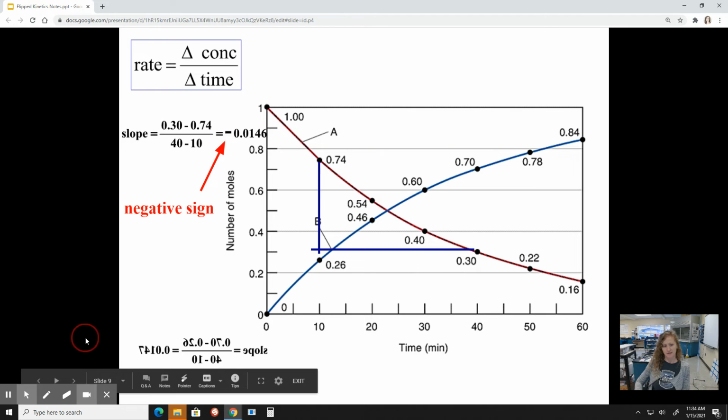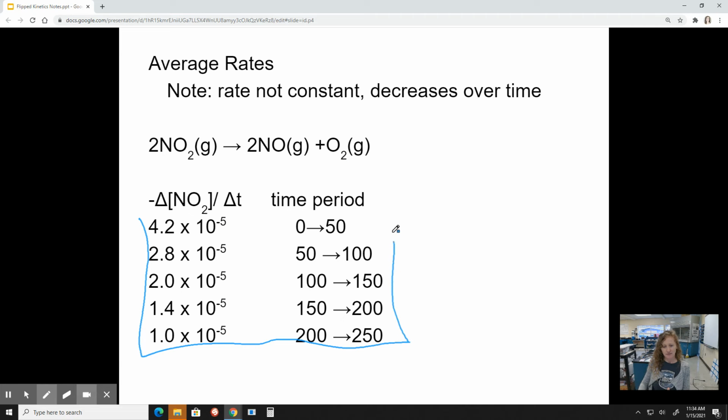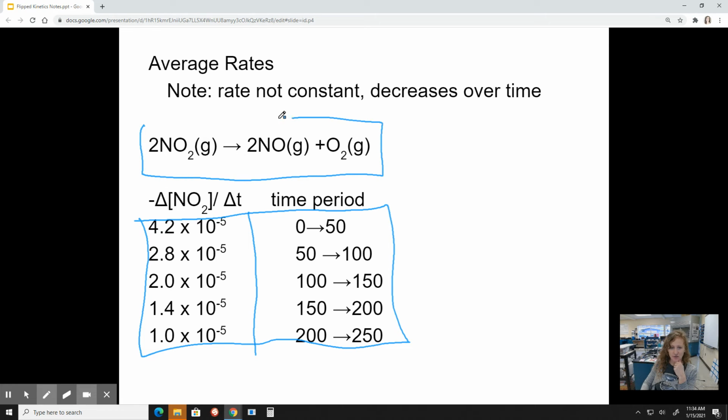Oh, and again with the lines. Okay. This just says basically the same thing we just said, only they give it to you in a data table instead of a graph. Notice, again, you can see by looking at this data that rate's not constant. It is going to decrease over time. We have a really similar reaction here going on.